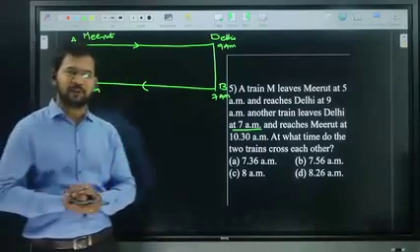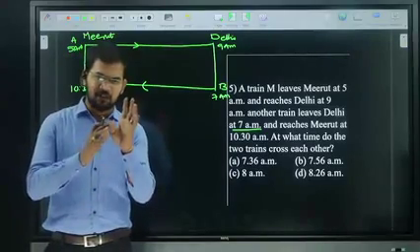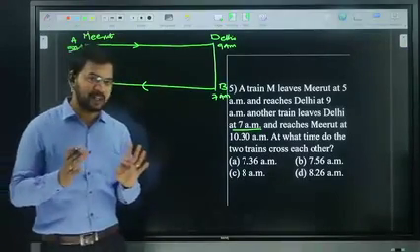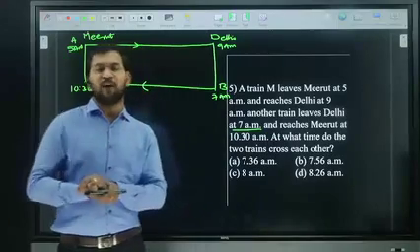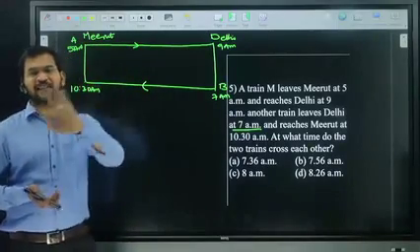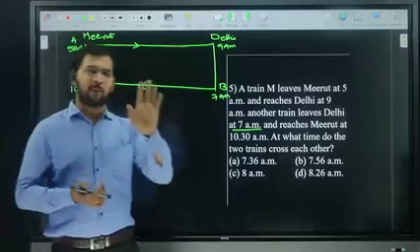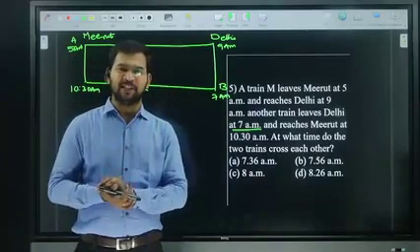This is a very important question. Listen carefully. I don't know the distance between the two places. Second, I don't know the train A speed. Third, I don't know the train B speed.